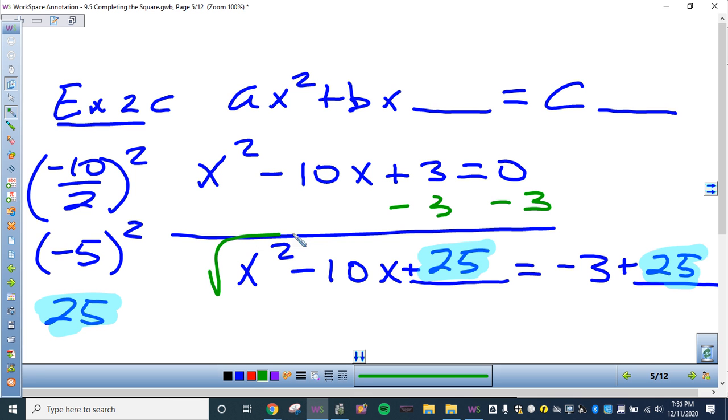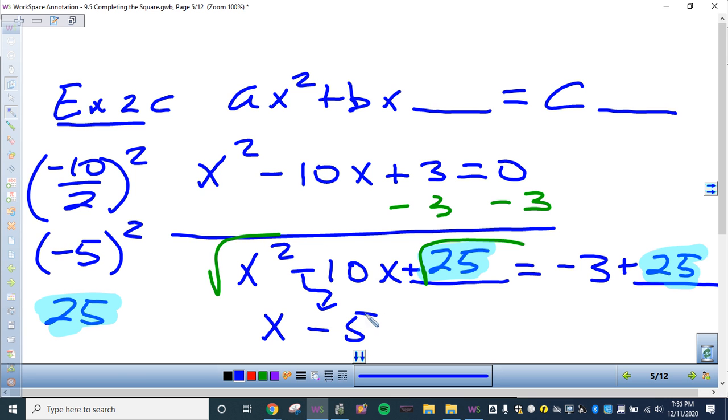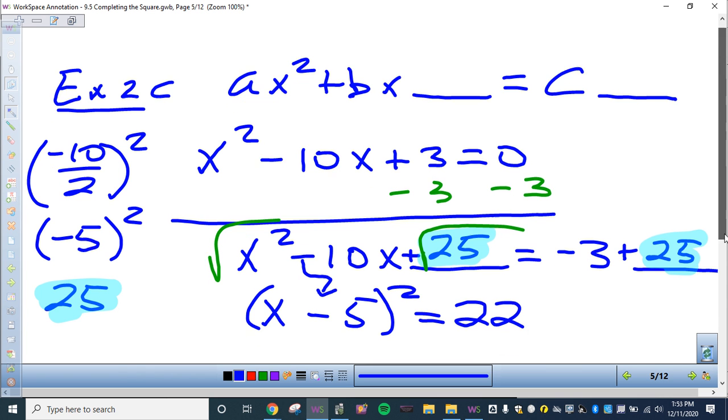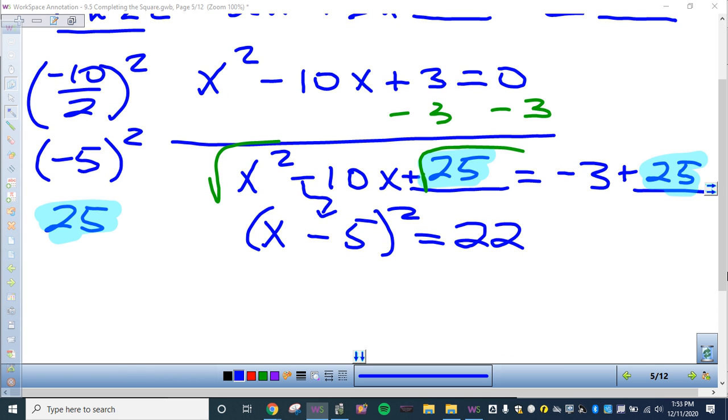Then we're going to think about square rooting the A and C term. We do that by getting x, bring down the sign from the b, minus 5 squared. 25 minus 3 is 22. And then we're going to square root both sides. Don't forget to take your little hand raise thing down.